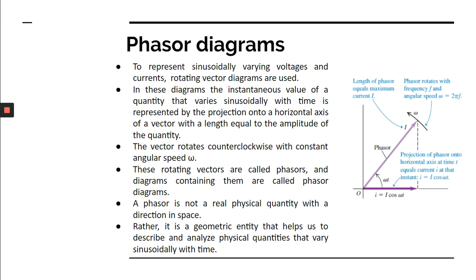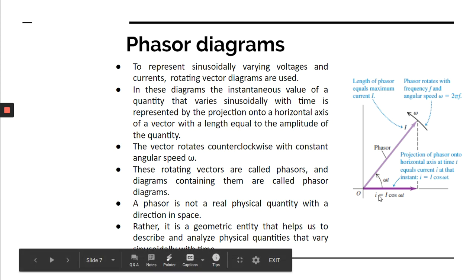In which quantity can you represent the instantaneous value? If the quantity varies with time as a cosine or sine function, then you can represent it in terms of the projection of a vector.